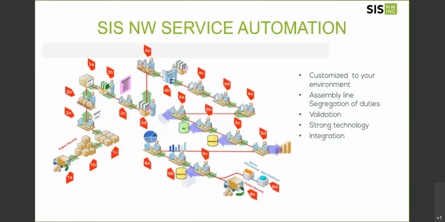This diagram shows how we build really an assembly line process that's based on your existing workflow, and build some automation into that, as well as a lot of quality control, segregation of duties, and really strong validation of the work that gets done. So we started our company in 2008.